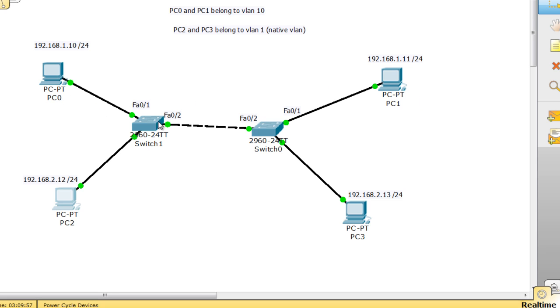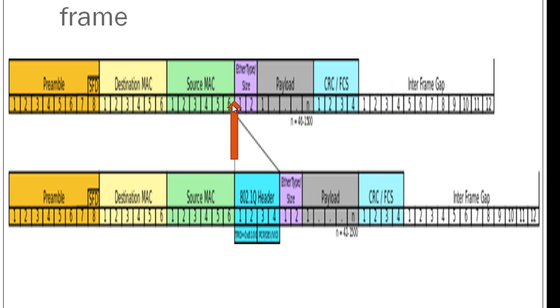When this frame comes to switch 1, switch 1 will add the 802.1q tag to the frame. It's going to add the tag up here between the source MAC address and the type field.